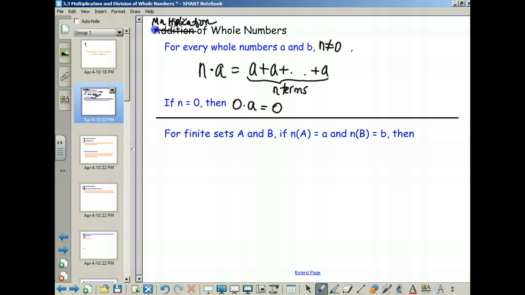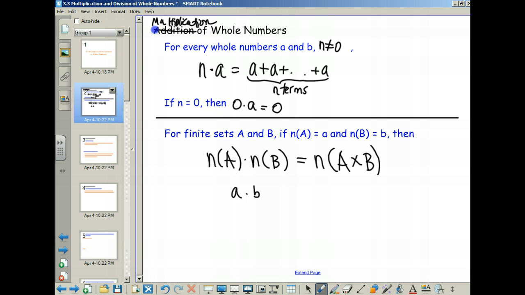And then we can also talk about this from a set theoretical point of view. We did this with sets before. If we have n of a and n of b, and we want to talk about multiplying them, this is the same as a times b, and it is the same as the Cartesian product. Do you remember doing those Cartesian products?